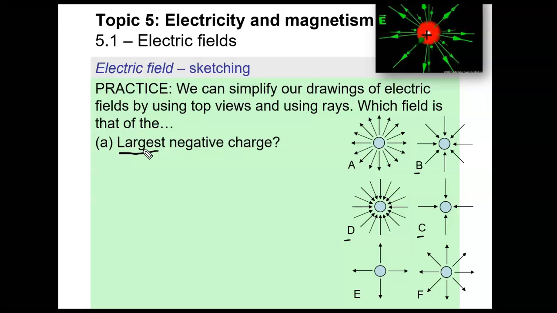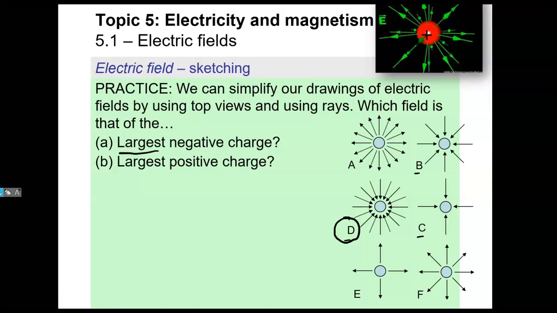How many lines do we see in the same amount of space? You should be able to realize that D has the greatest density of electric field lines, and those electric field vectors are going towards the negative charge, so the answer for A would be D. That field is showing the largest negative charge.